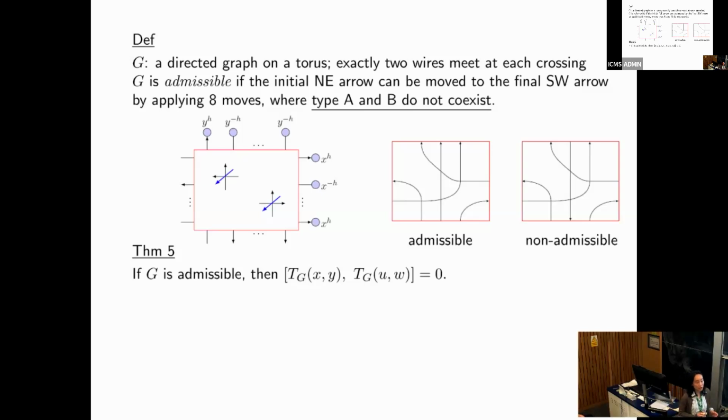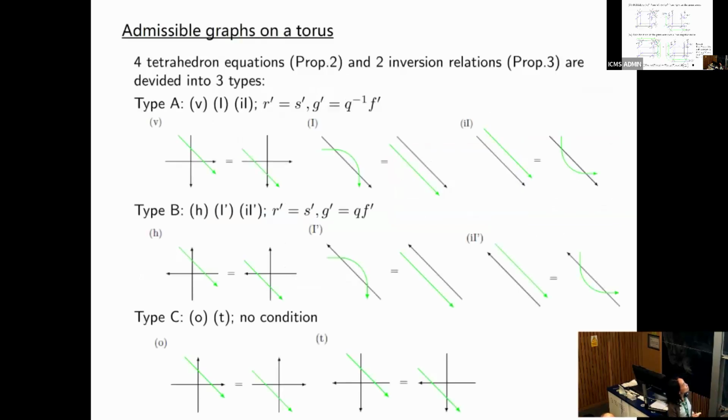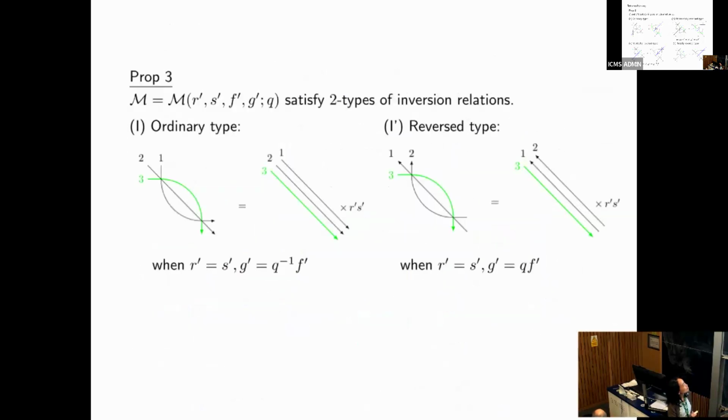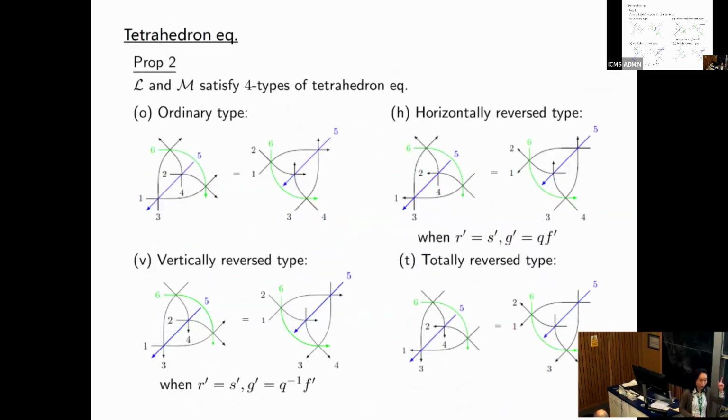Actually, we have no idea how to find other moves. So maybe it is a maximum, I think, because as for the tetrahedron equation, we do not have many choices for the direction of arrows. So I think 4 is the maximum.